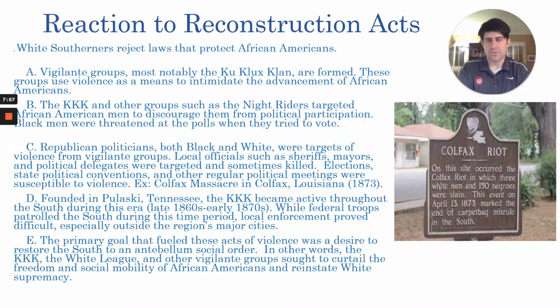However, there was still the threat of violence, and in Colfax, a parish in Louisiana which was nearly evenly split between black and white Southerners, there was a fear that the white Southerners might try to overtake the local government.